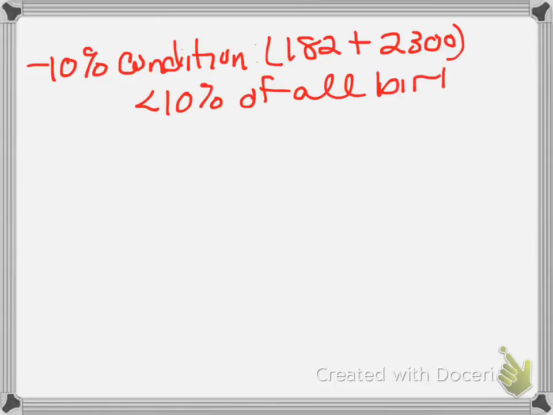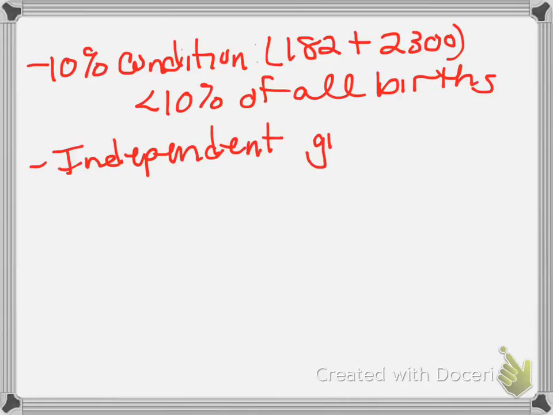Remember, births. The hits are the low-weight ones. Okay, and then I'm going to do independent groups. And I'm going to say the two groups do not influence each other.